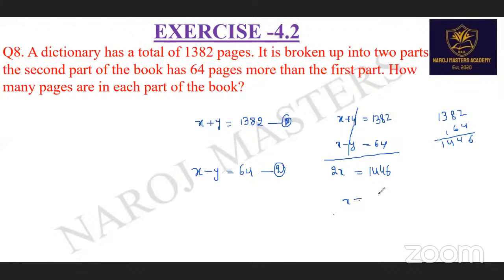Then x is equal to 1446 by 2. 2 sevens are 14, 2 twos are 4, 2 threes are 6, so 723. So x is equal to 723 pages.